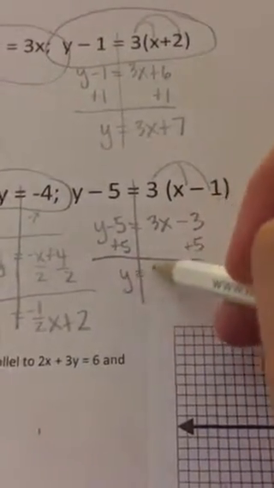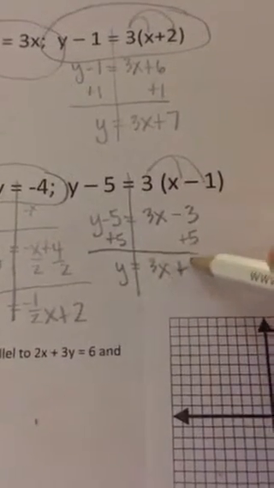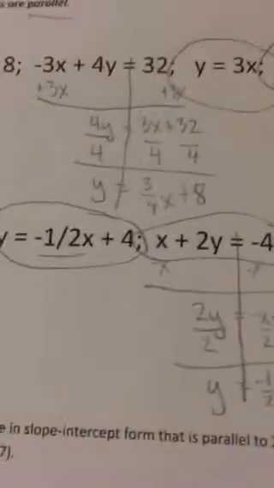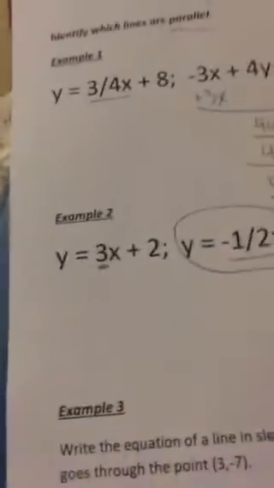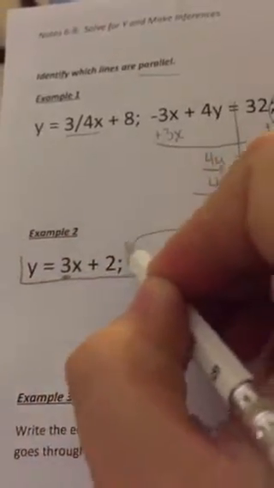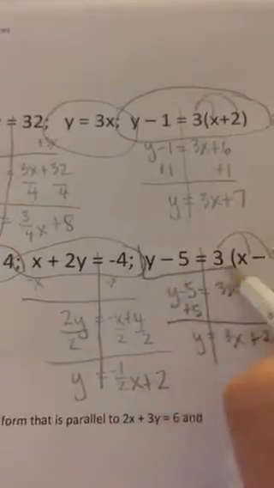So I have y equals 3x, and then negative 3 plus 5 would be positive 2. So that one's got a slope of 3, which so did our first one there. So to show that those are parallel to each other, but they're not parallel to these other two, I'm going to put boxes around them to code them differently. I'll put a box around this one as well.